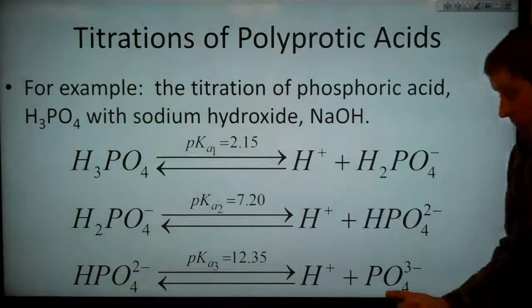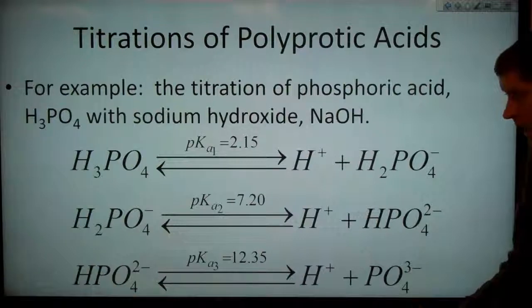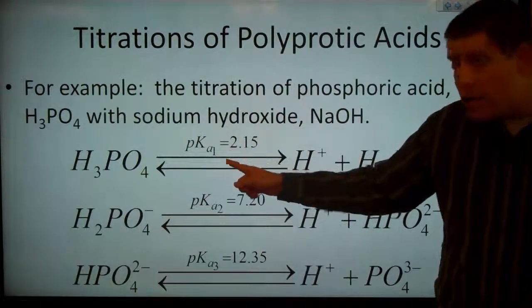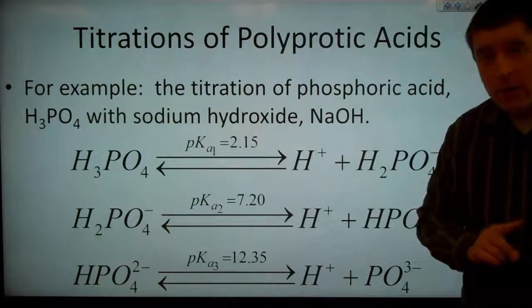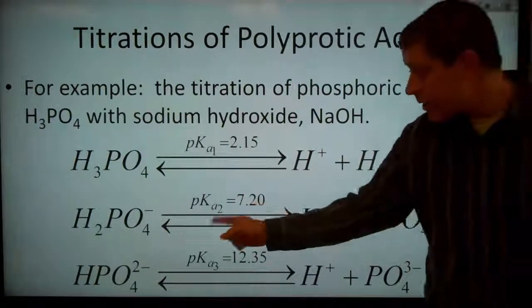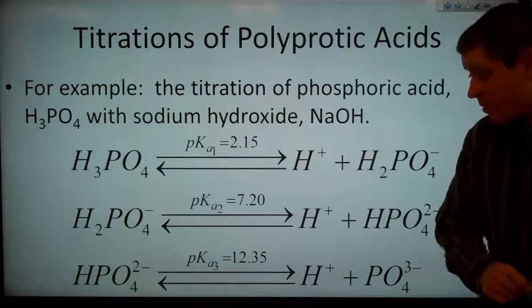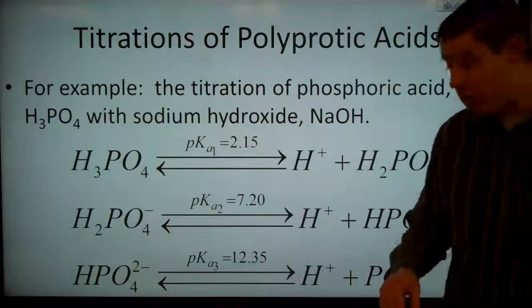We can pull off another proton to give us our phosphate ion. And you note that each one of these is labeled with pKa, and this is pKa1 for the first proton being removed. That one has a pKa value of 2.15. The second proton being removed, pKa2, has a value of 7.20, and the third one has a pKa3 of 12.35.